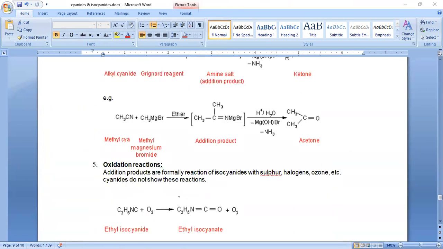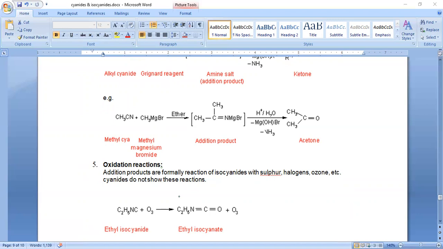First one is hydrolysis, second one is reduction, third one is isomerization, fourth one is the reaction with RMgX (Grignard reagent), and last one is oxidation reactions. These are the few reactions that we study in this lesson on cyanides.